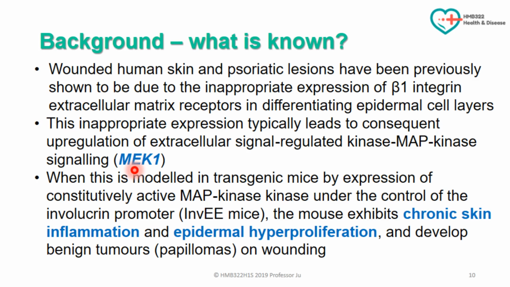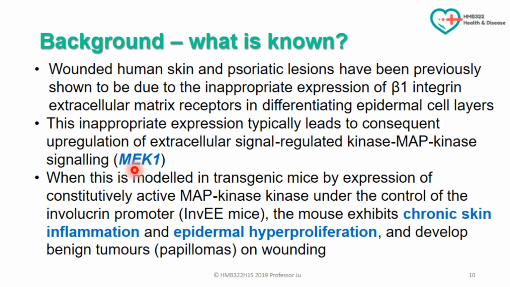This hyperproliferation is usually benign, and these benign tumors, these little growths, like the growths you might get on your skin related to a skin tag, like if you know someone that has diabetes and you see these little growths on their skin, these benign tumors, which are known as papillomas, are evident in these mice that have an overexpression of MEK1 when you start wounding them.